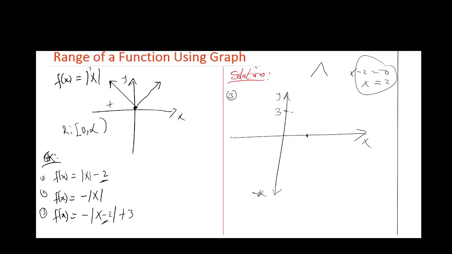This is the point of intersection, meaning this is from where our V shape will take its origin. Our range will be, since it extends to infinity, from negative infinity to 3, which will give us the range of this function.